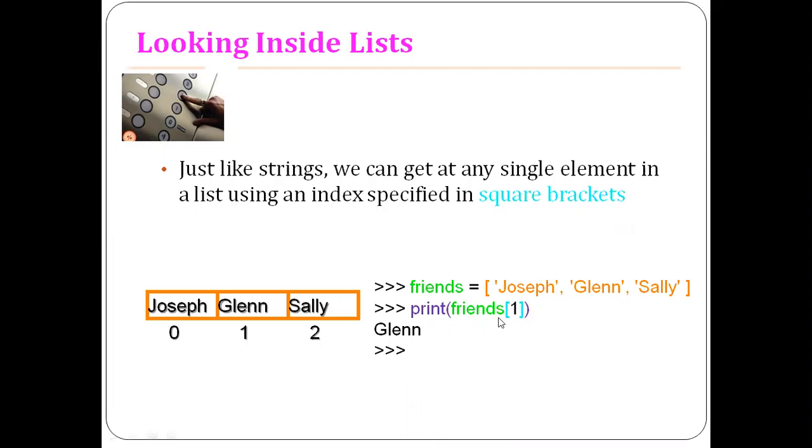That is print friends[1], then Glenn is going to be printed on the terminal, because at index number 1 the value Glenn is stored.